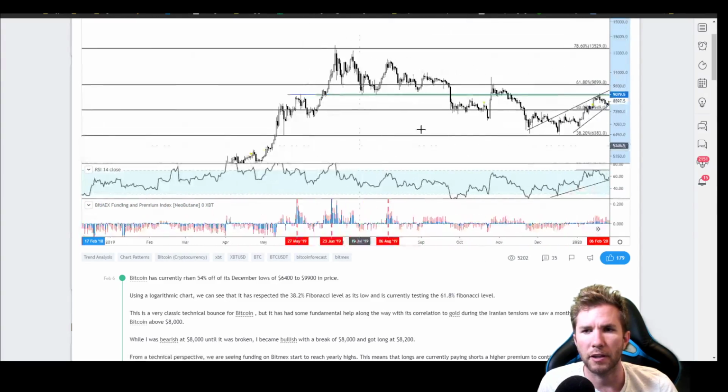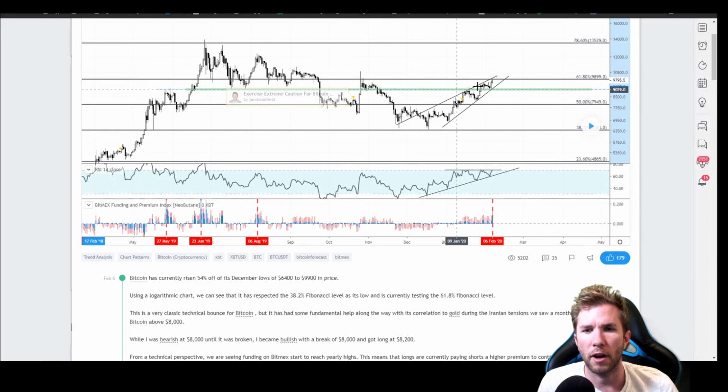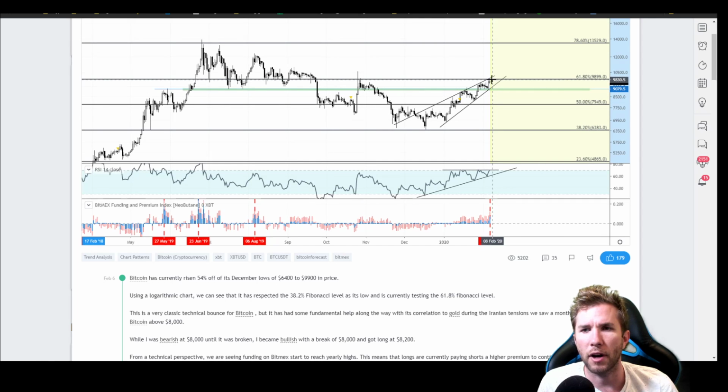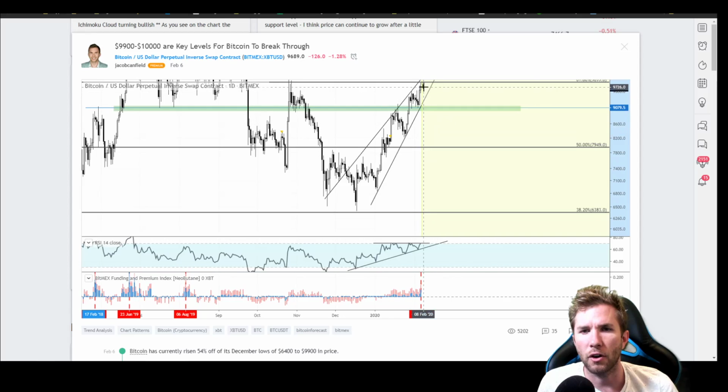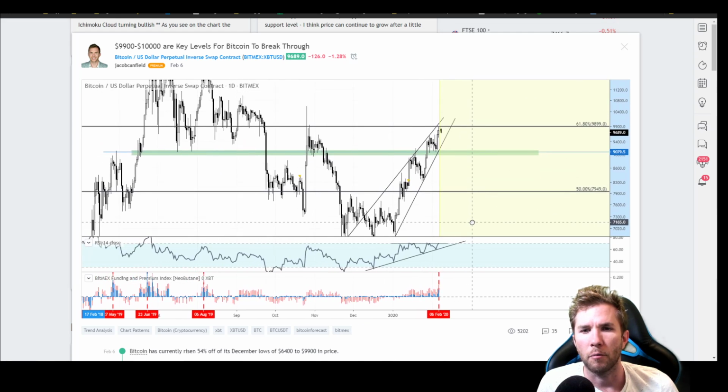That's my Fibonacci levels. And so we're in this rising wedge structure. The RSI was at 70, and you can see we're actually rejecting right off of that level that I highlighted here. The time that you'll get confirmation is if this rising wedge breaks, and then we can probably start to look much lower.